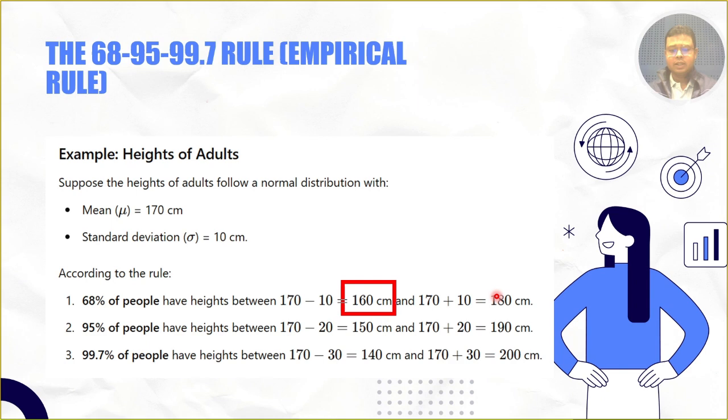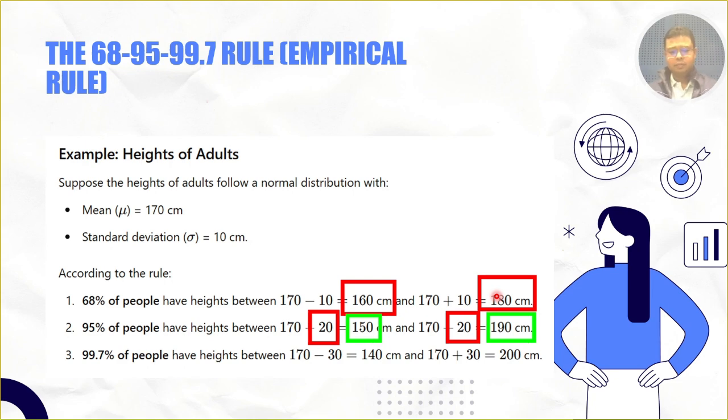On the other hand, when you consider 95% of people's heights, you deduct two standard deviations and add two standard deviations. Its range is from 150 to 190.